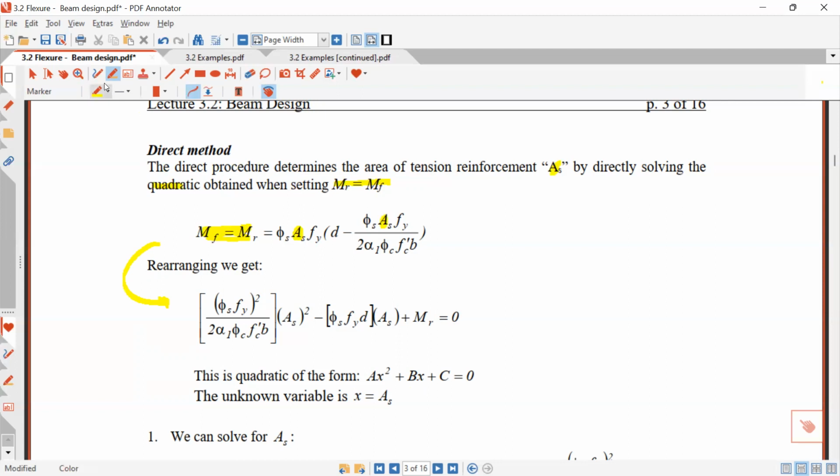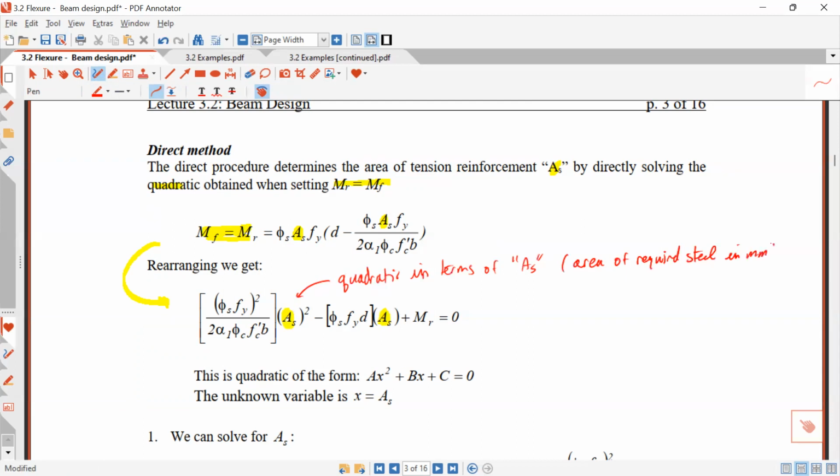The only unknown here is this. This is the only unknown. So it's a quadratic in terms of AS, the area of required steel in millimeters squared.